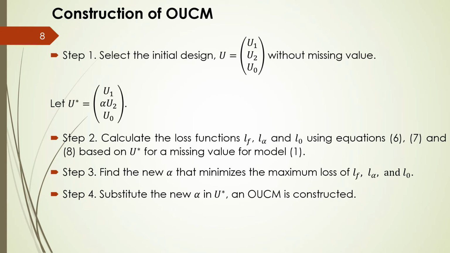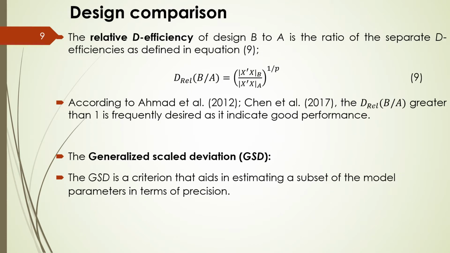In the next step, we calculate the loss functions of the factorial, axial, and center points by using equations 6, 7, and 8 based on U star for a missing value for the second order model. Then we find the new alpha value that minimizes the maximum loss of the factorial, axial, and center points, and substitute that new alpha value in U star such that an OUCM is constructed. That is our robust design.